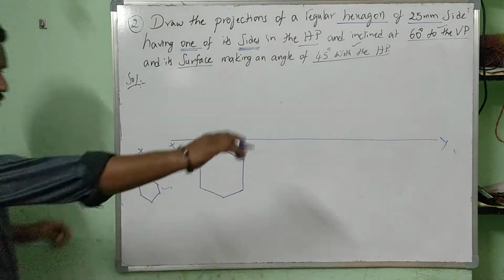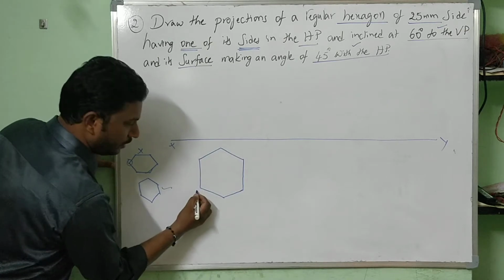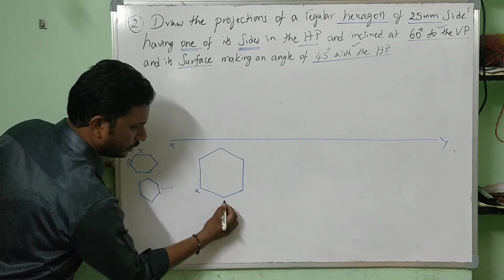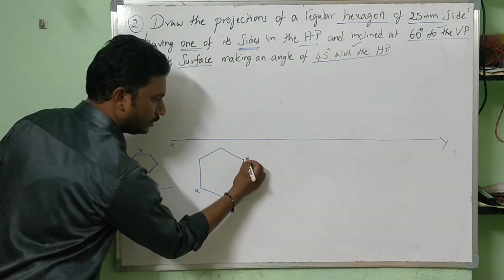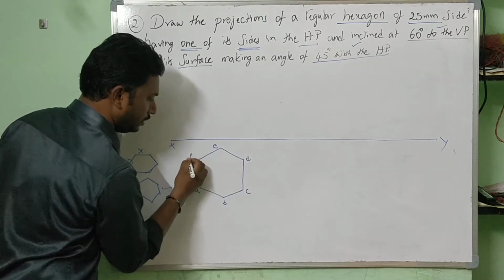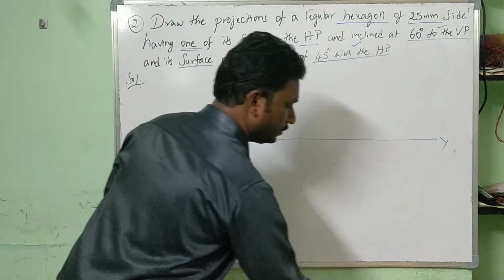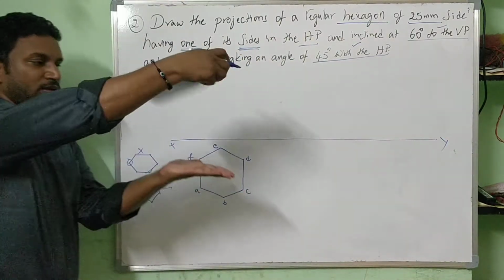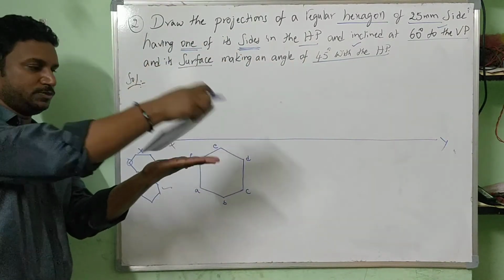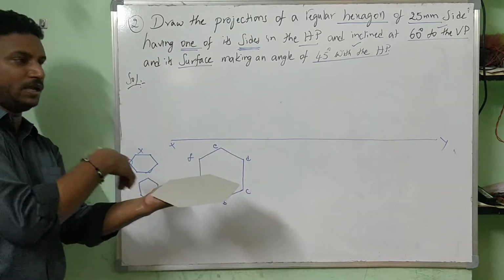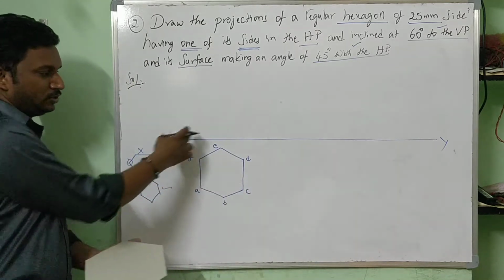Hexagon. Coming to rotations, I am starting from here so that I can see A, B, C, D, E, F. Top view hexagon having one side on HP. So I have drawn the side vertical, 90 degrees to the XY line.